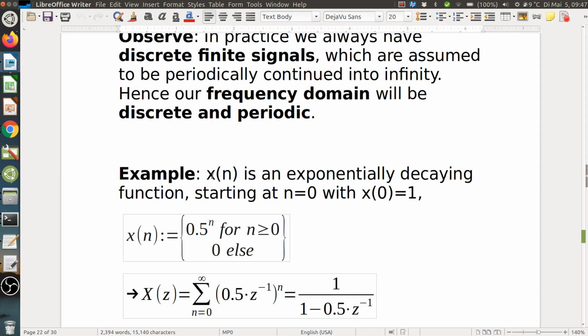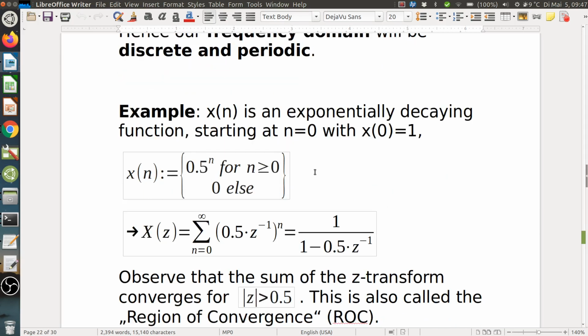So this is an example. x of n is an exponentially decaying function starting at n equals 0 and with x0 equal to 1. Right, so this is actually an example of an infinitely long signal, so this is not periodic.